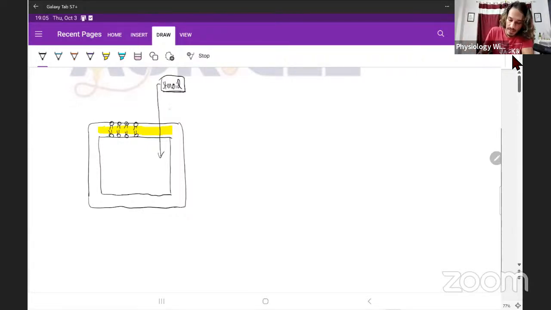Other substances which are non-ionic in nature, for example, your CO2, oxygen, all of these again can pass through the membrane without need of anything. On the other hand, certain substances which are polar, let's take an example of sodium ion.